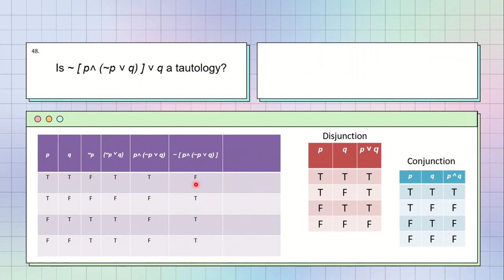And for the last column, finally, to get the value of this, we will again use disjunction. Here we will use disjunction for this and for Q. So the values are true, true, true, and again true. For the last example, we can conclude that this is a tautology. So open bracket P and not P or Q close bracket or Q is a tautology.